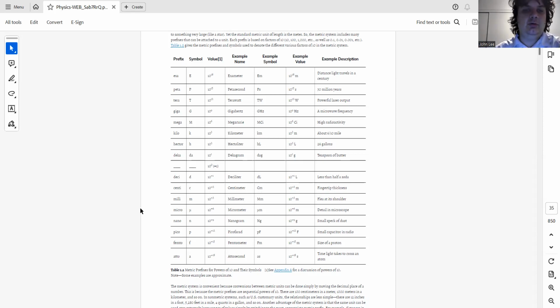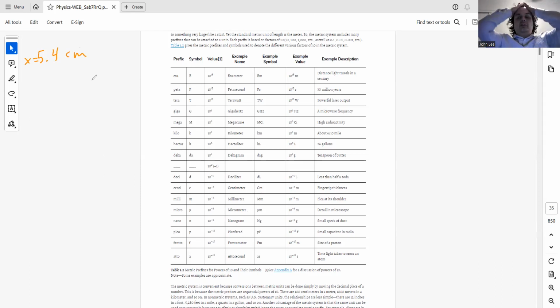So let's do a couple of easy examples. Say that you're talking about a spring and you have it compressed by x equals 5.4 centimeters.